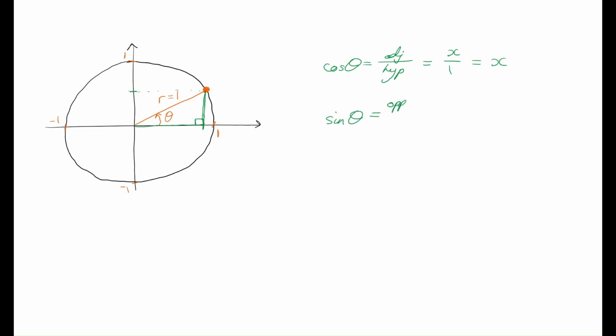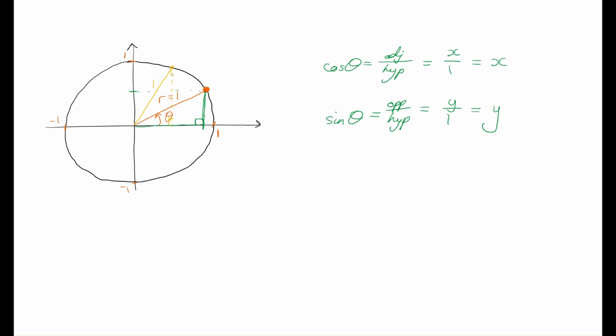I can do the same thing for sine theta. We said that was opposite over the hypotenuse, and my hypotenuse is the same, it's just 1. If theta is my angle here, the opposite side is this side, and that represents the y coordinate, so the distance in y. So it's just going to be y over 1, which is just equal to y. Okay, why is that particularly useful? I can draw any other line. I could draw another line here, another radius also of length 1, and I could do the same thing.